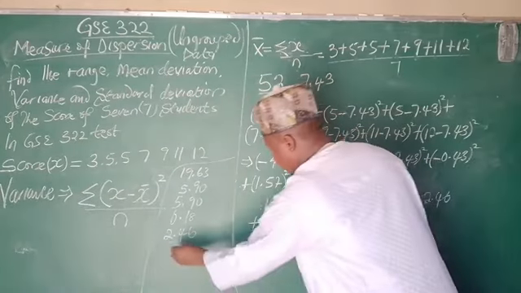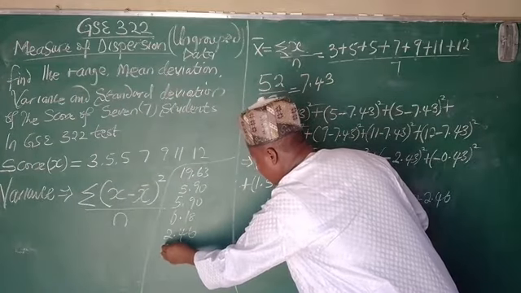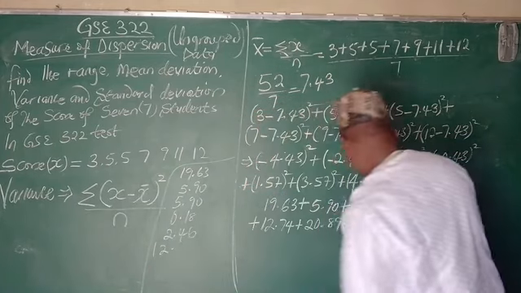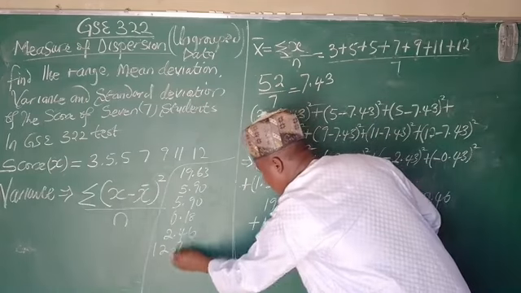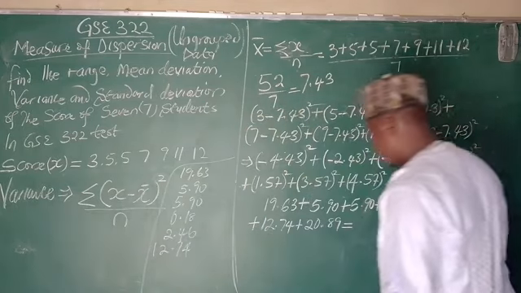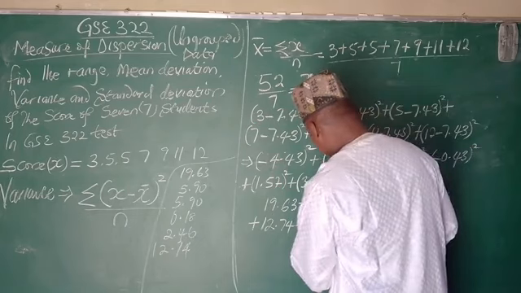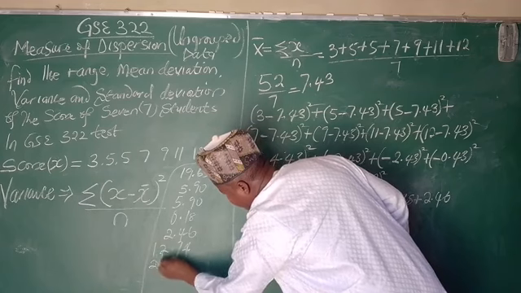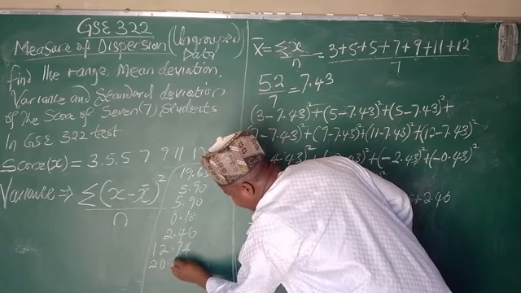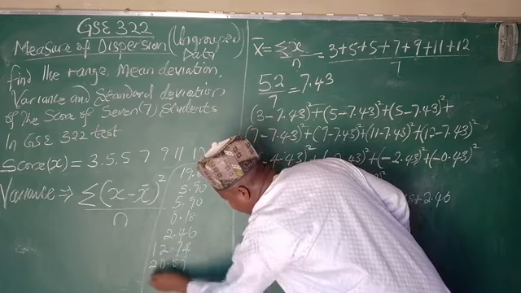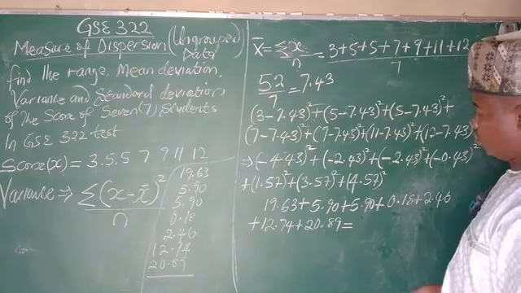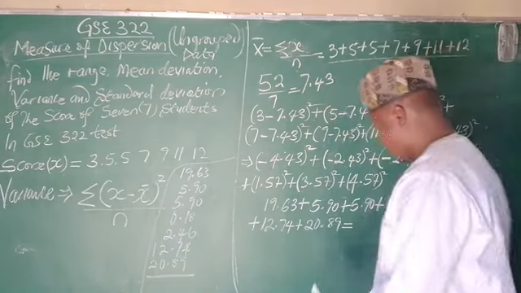And the next one is 12.74. Then the last one is 20.89. So we are now going to sum all of this.